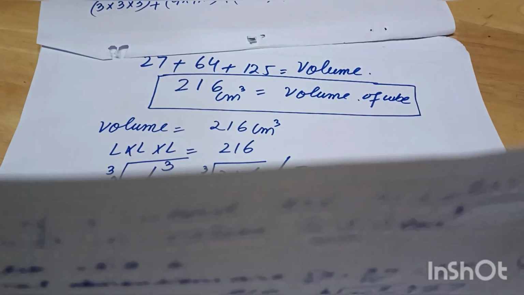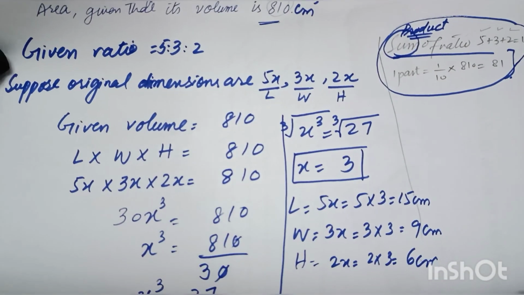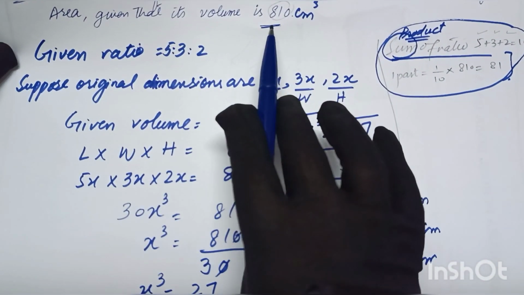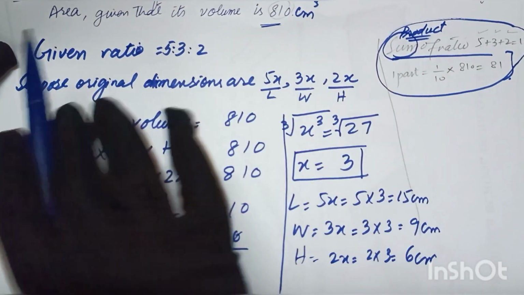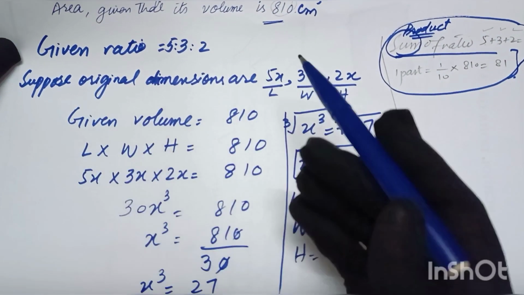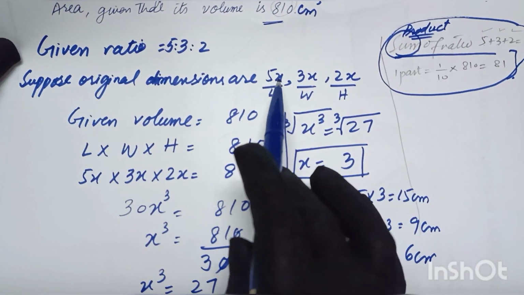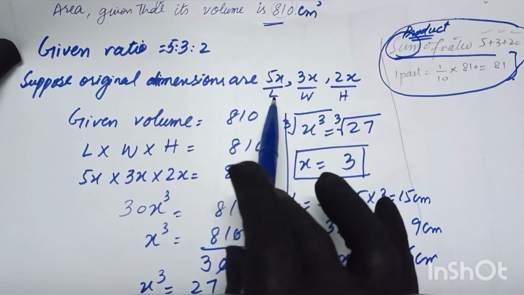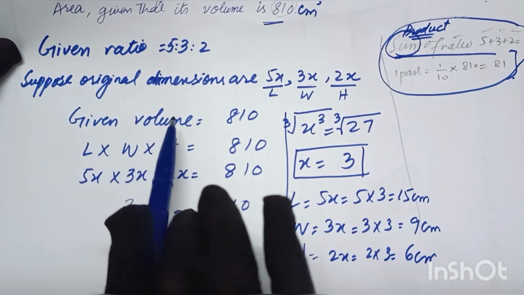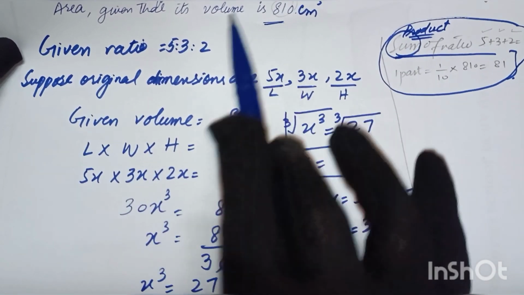And the other question, which we just did, was: if the given cuboid dimensions are in the given ratio and the volume is given, how to find the total surface area. The given ratio, you can suppose the original values are multiples of x: 5x, 3x, 2x. Length, width and height are supposed as they are. The given volume is from the question.